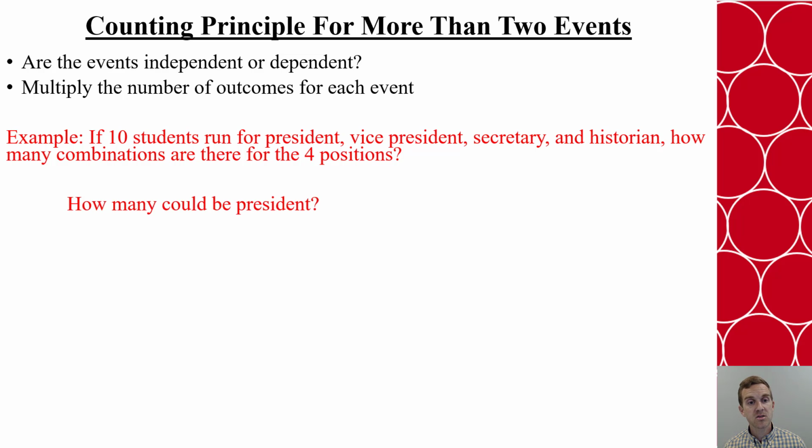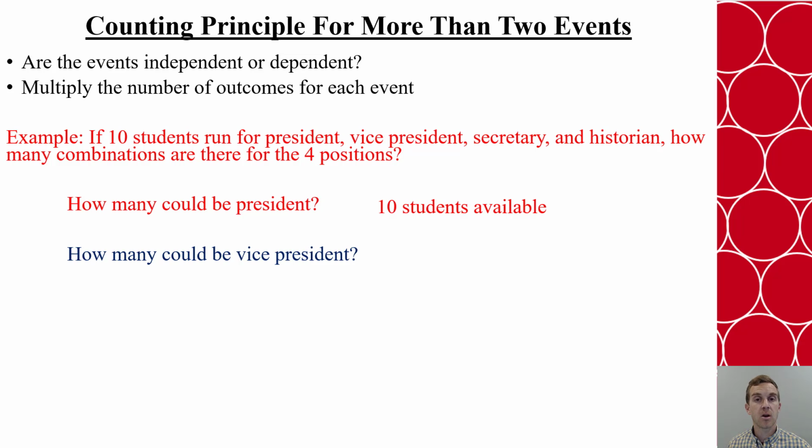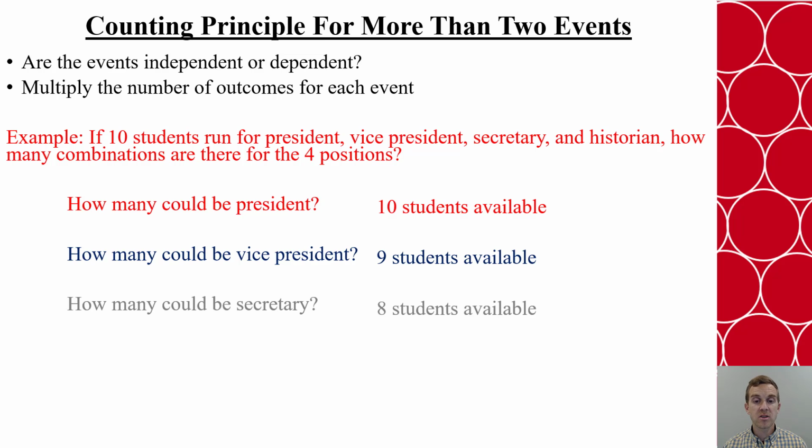First, again, start with the idea of how many could be president. Well, we start with 10 students. But when we go to vice president, one student is already gone. That means there's now 9 students available for vice president. When we get to secretary, we've already chosen a student for president and a student for vice president, so there's only 8 students available for secretary.